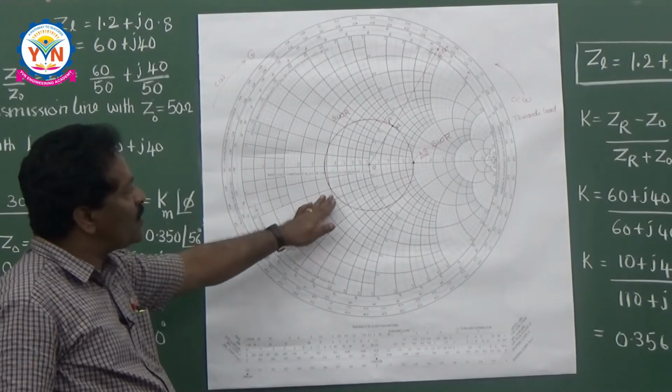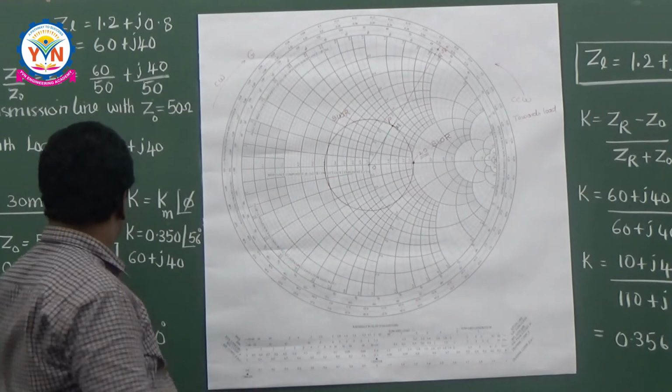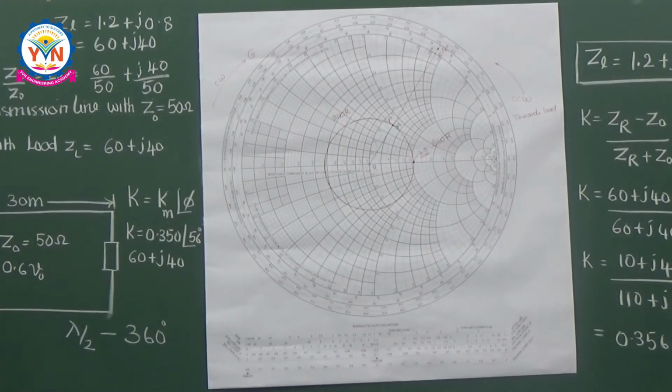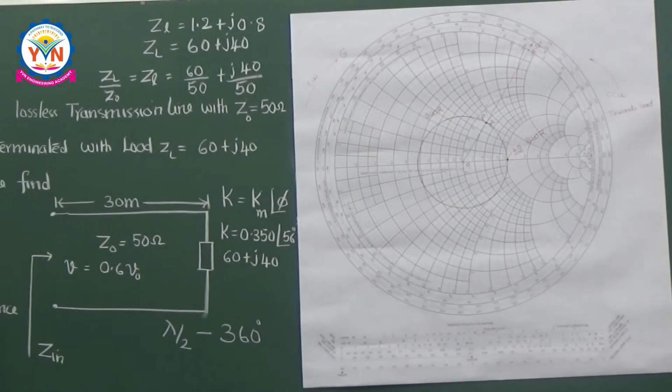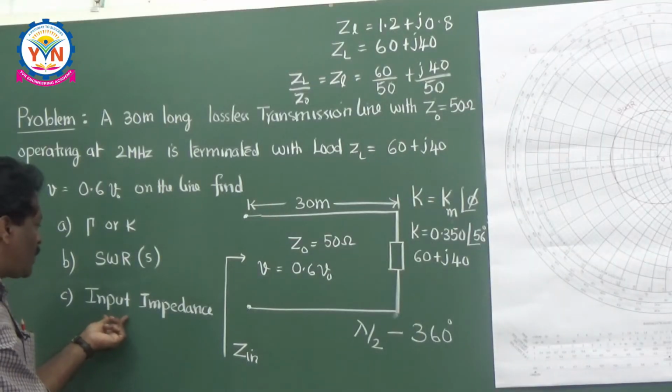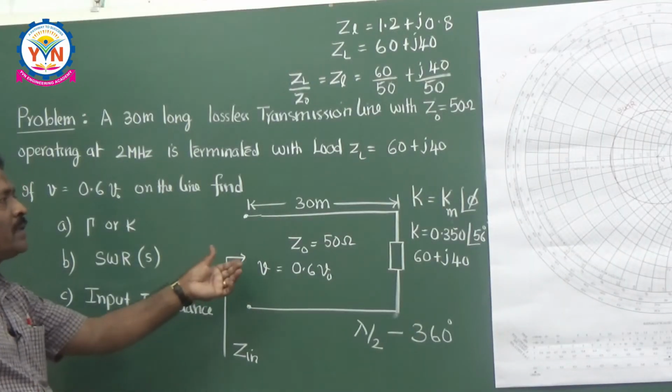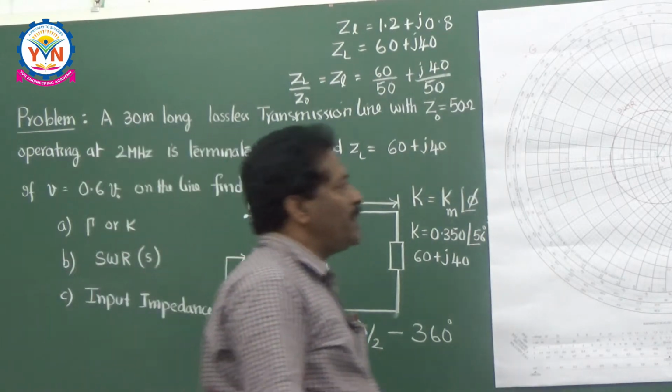Now, we are going to see how to calculate the third parameter he has asked here, that is the input impedance. Okay. Now, we are going to calculate the input impedance using the Smith chart. So, what is the input impedance?